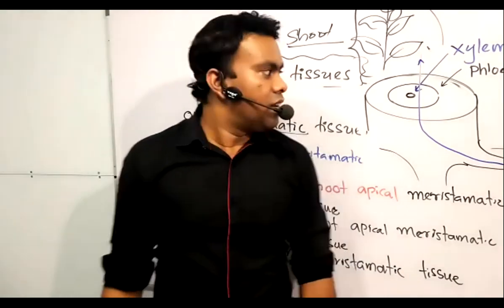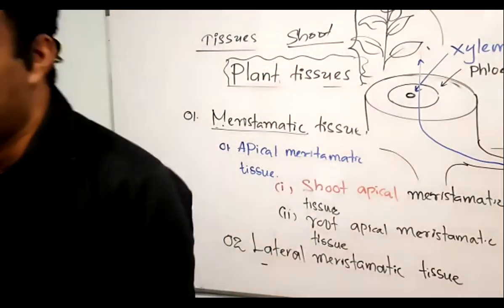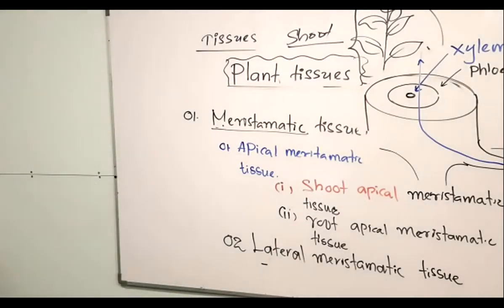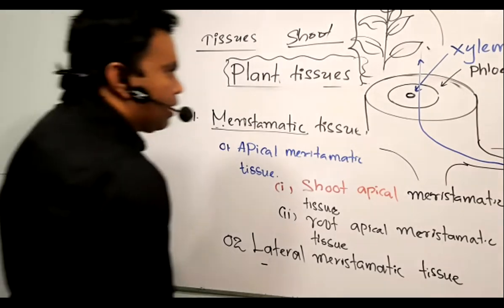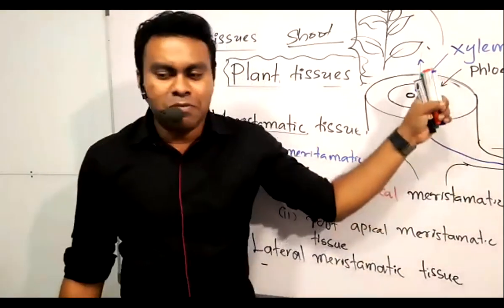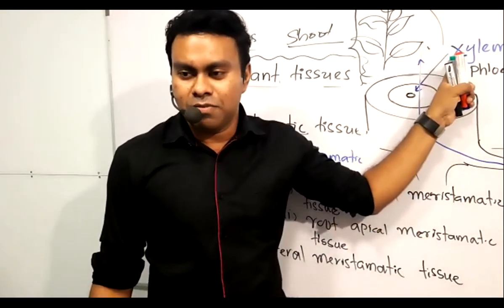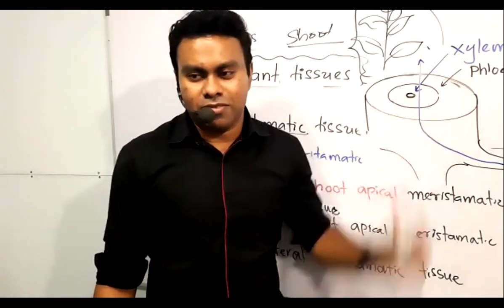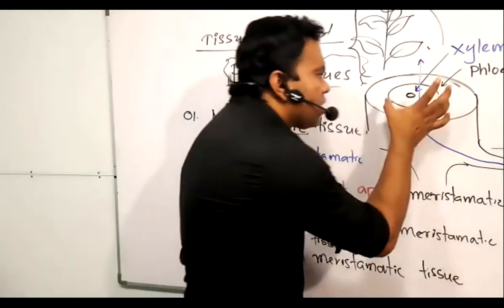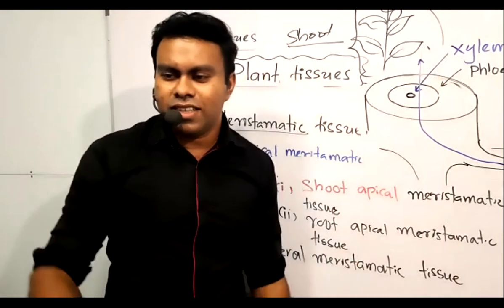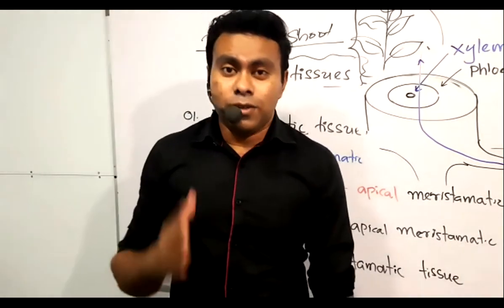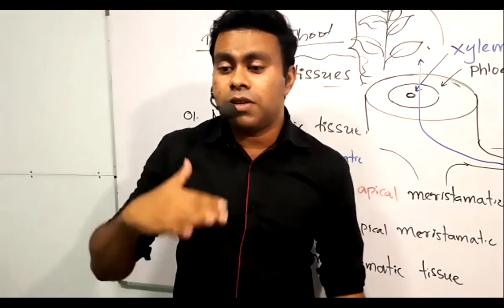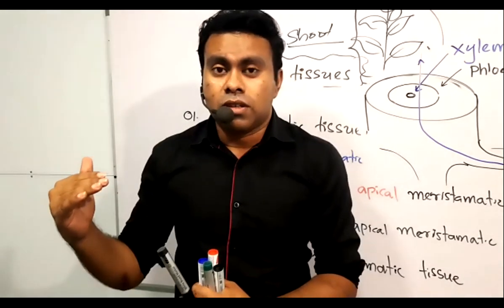Okay, so what's going to be explained here? Don't request camera control. You know xylem here, and phloem here. Focus on this part. Don't request. I know what you do after requesting when I allow control of the camera.